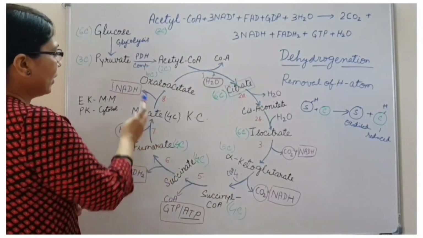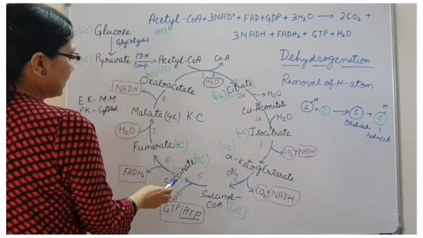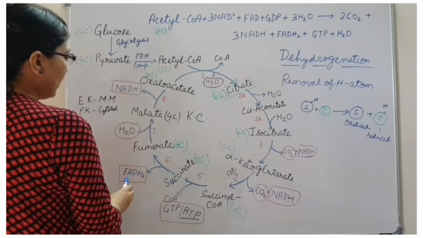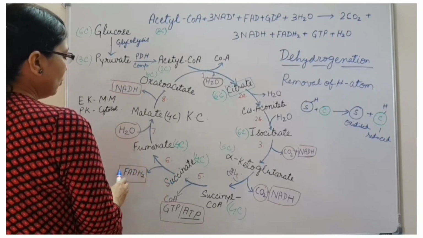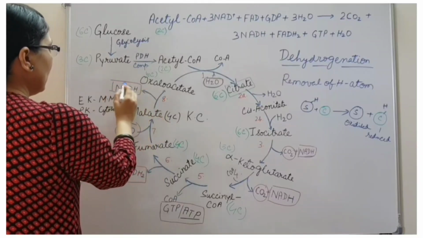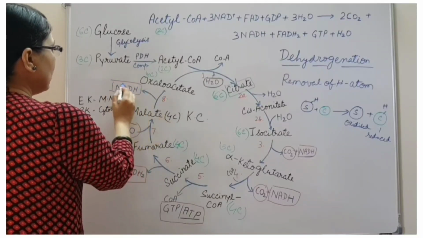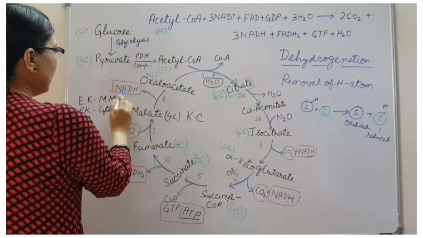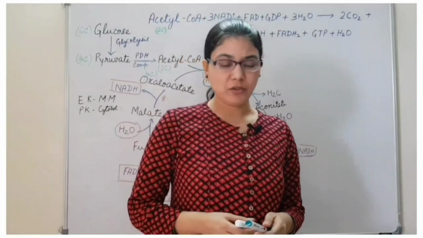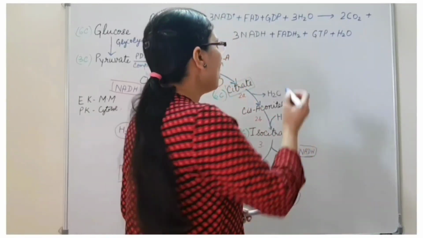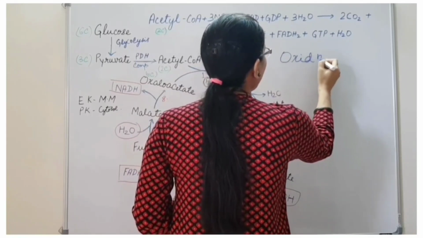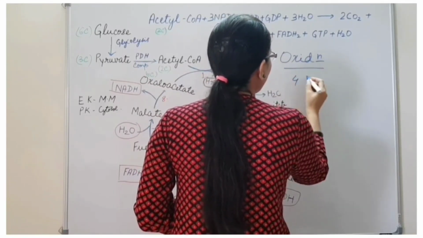In these two cases, from succinate hydrogen atom is removed. So succinate is getting oxidized and it is transferred to FAD, so it gets reduced. Similarly, from malate hydrogen atom is removed. So malate gets oxidized, it is transferred to NAD+ and it gives NADH, so it gets reduced. So on the basis of these reactions, we can tell that oxidation of the substrate is taking place at 4 places.